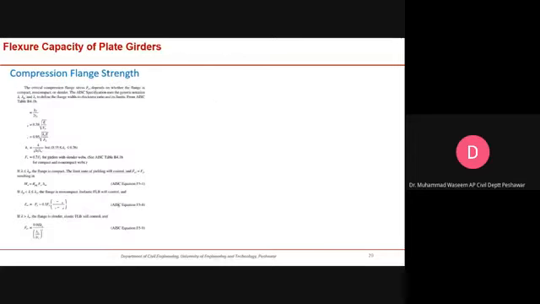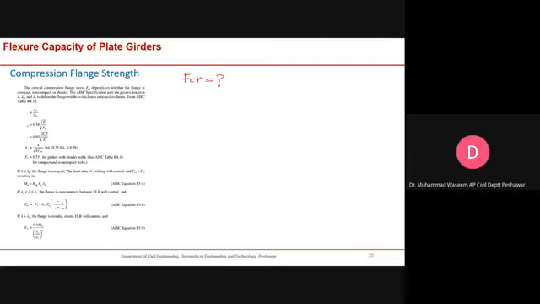Let's see. Okay, now in order to evaluate the nominal flexure capacity, you have to see that the critical compression flange stress depends. You need this one, as I told you, in order to get the critical stress value.